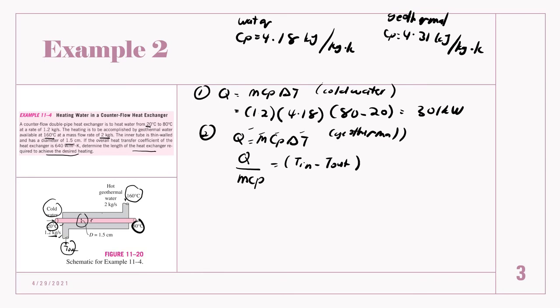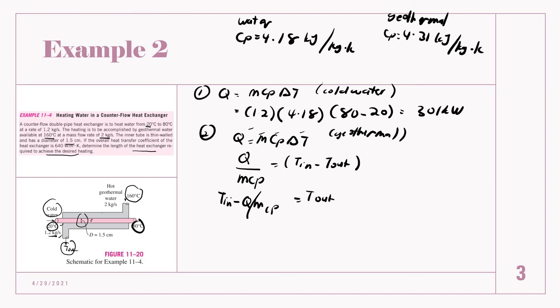So we need to put T in minus T out. So Q over m Cp. We rearrange back this equation, we will get T in minus Q over m Cp is equal to T out.